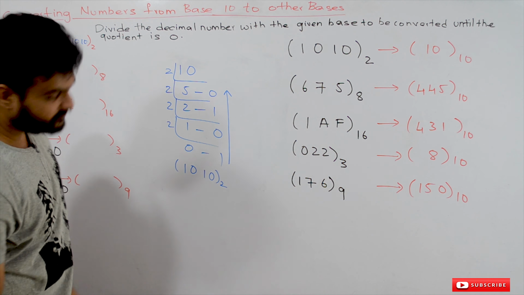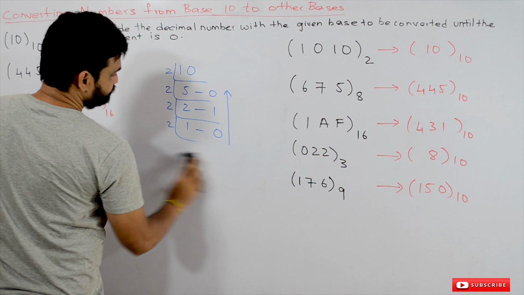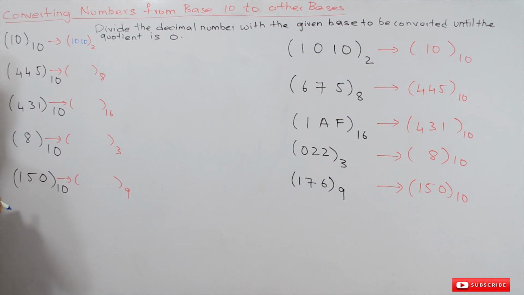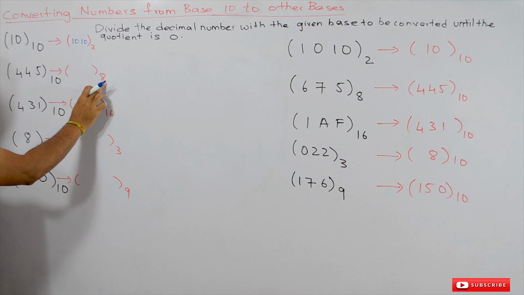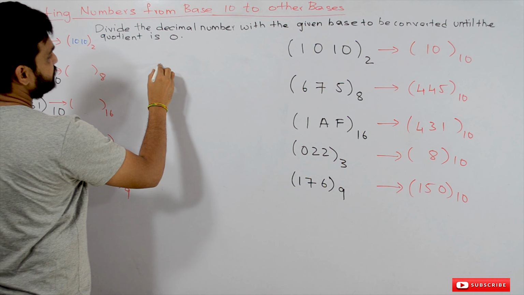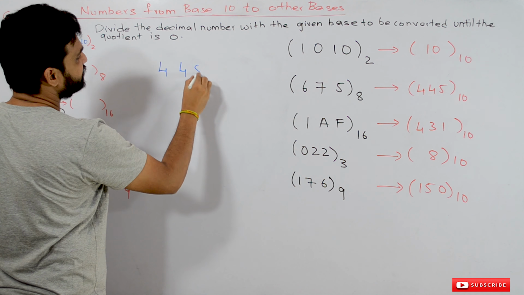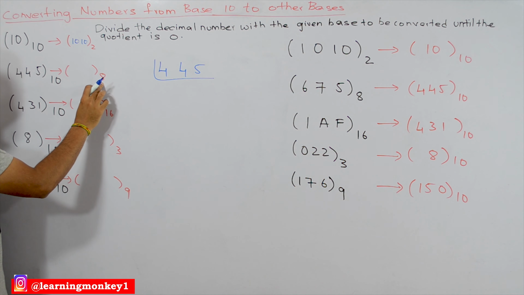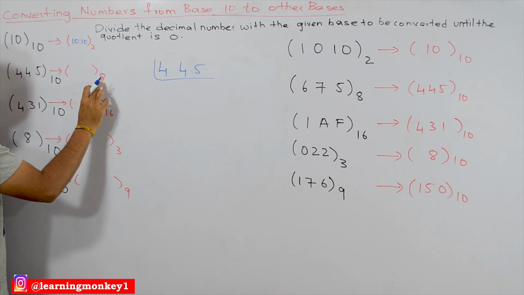Similarly, if you want to convert 445 in decimal into an octal number, what do we have to do? We have to divide the given decimal number by the base to which we want to convert. The base to which we want to convert is 8.